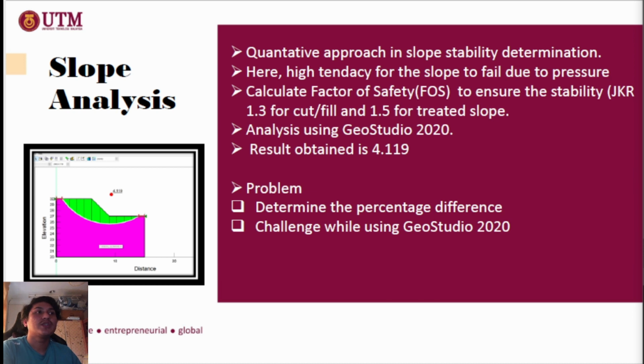By referring to the GKR, it states that the factor of safety is 1.3 for cut and fill and 1.5 for treated slope. So in this project, we determine it by using the software GeoStudio 2020, and the result obtained is 4.1999. So the factor of safety is okay.